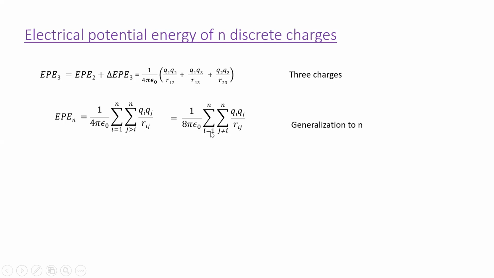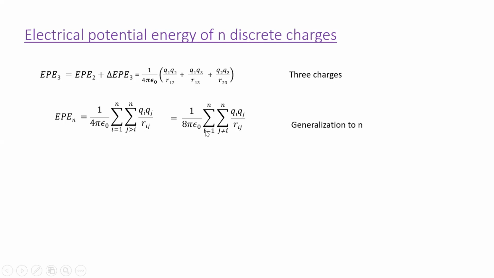Okay. So, for example, for I equals 2, in the case of three charges, we wouldn't just take j equal 3. We would take all terms which are not equal to 2, so 1 and 3.